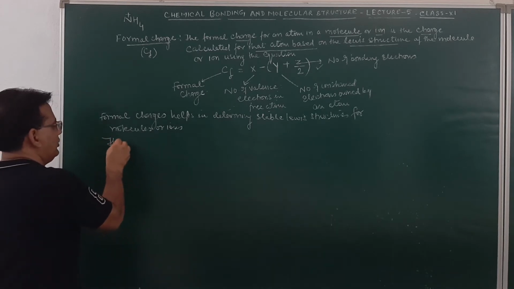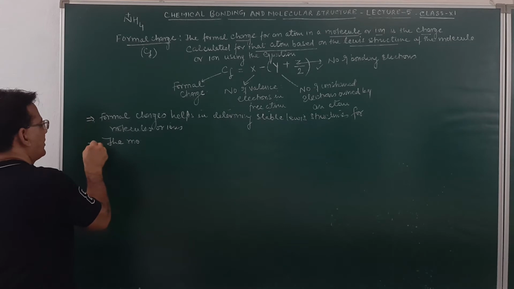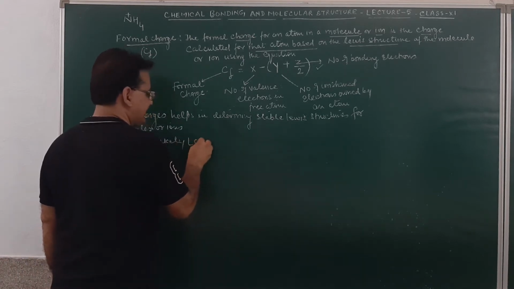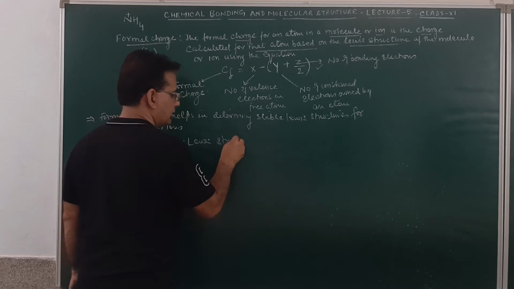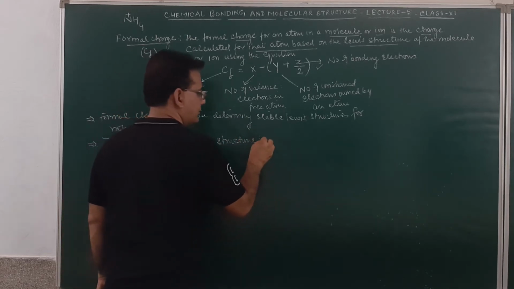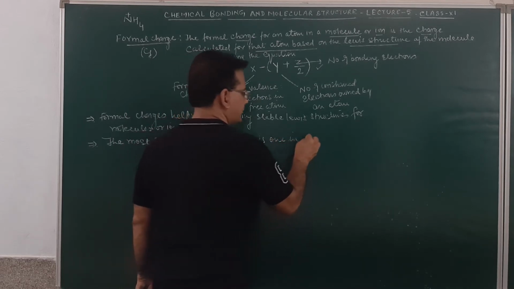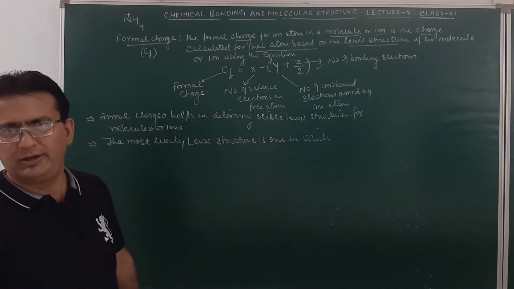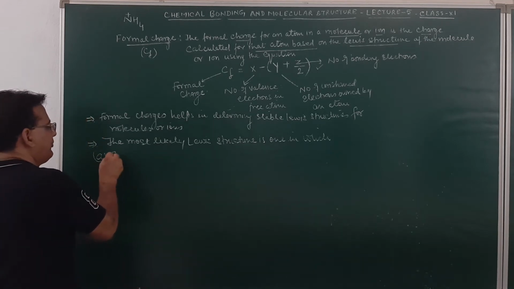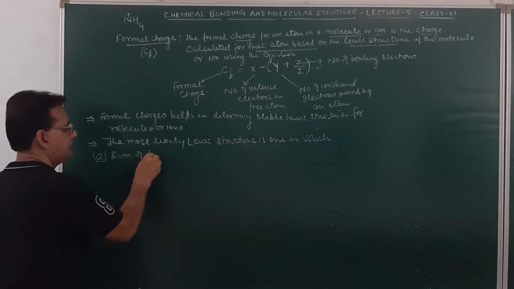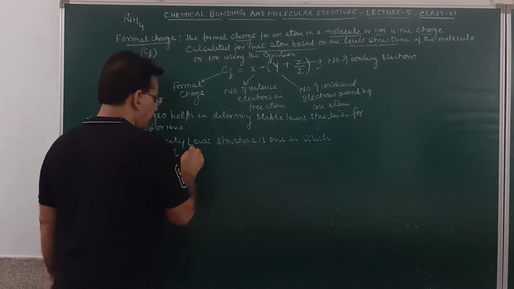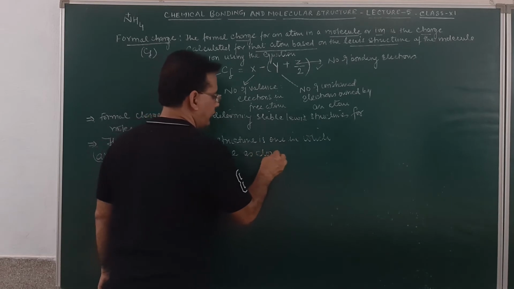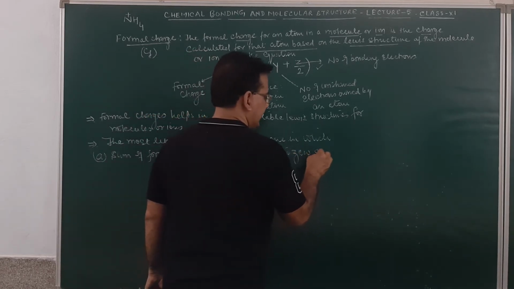The most likely Lewis structure is one in which the sum of formal charges is as close to 0 as possible.